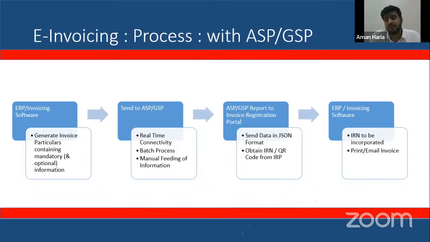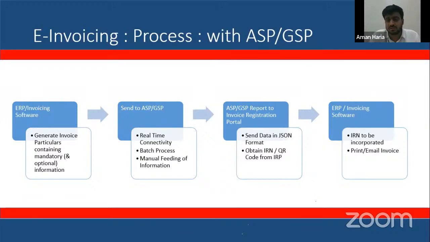And even before you know it, this process hardly takes 5 to 10 seconds. This entire process would be completed at the back end, and you will actually have an e-invoice in the system itself, because your invoicing software was connected at the back end with the e-invoice portal.